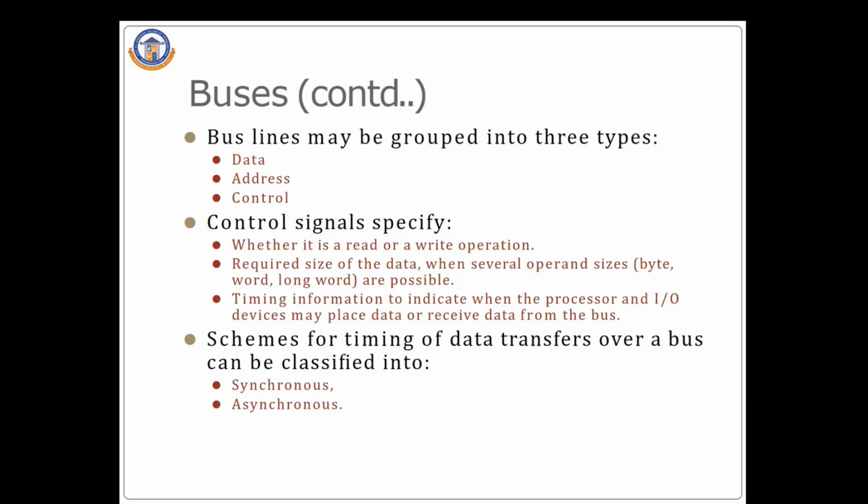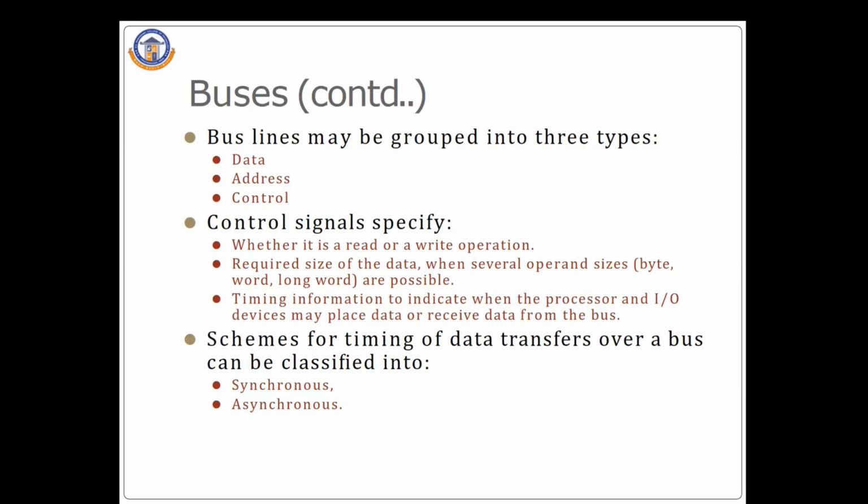And then timing information, that is, to indicate when the processor and the IO device may place the data or the processor may receive the data from the bus. So control signals provide the read or write operation, specify the size of the data, and indicate the timing information when the data can be retrieved.